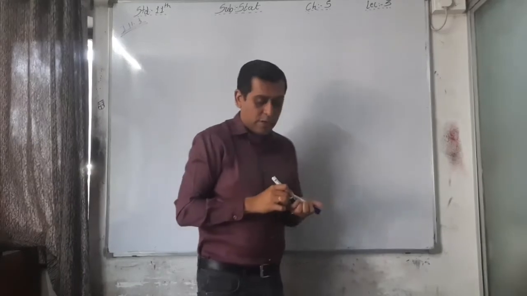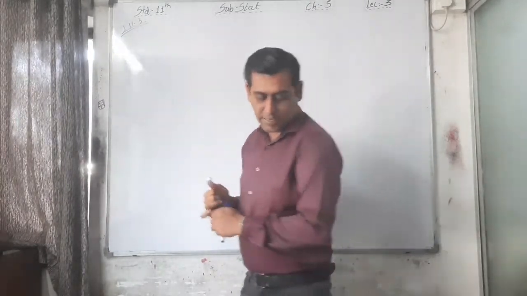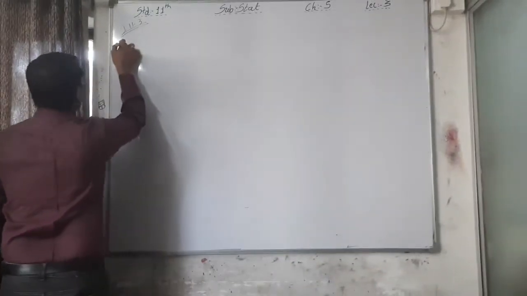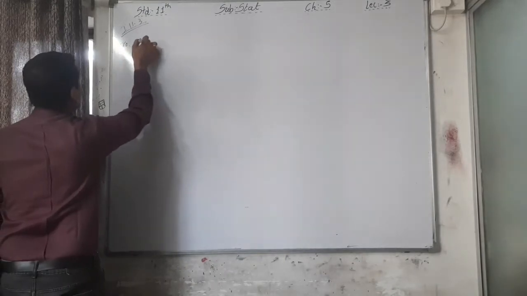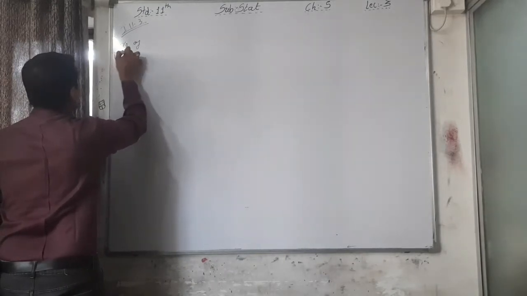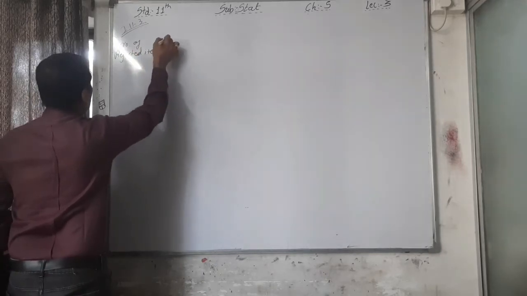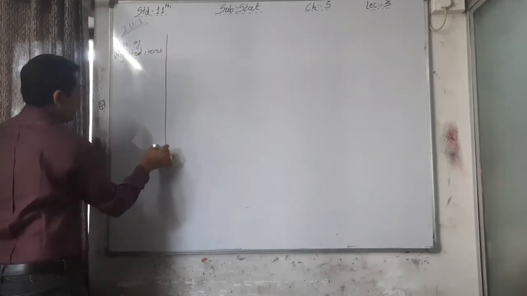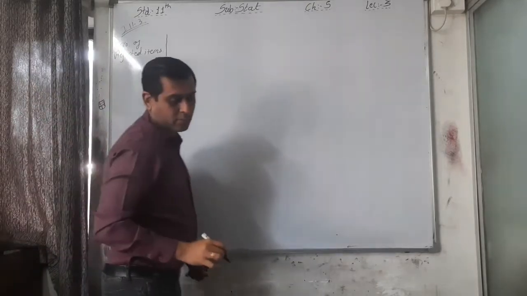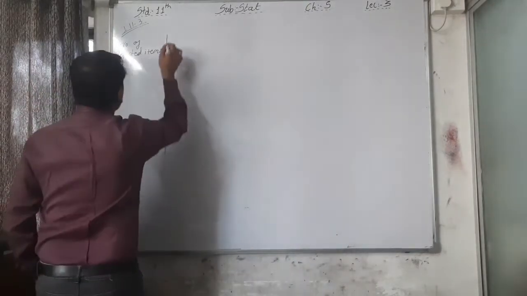Illustration number 3. Number of rejected items, then number of machines.